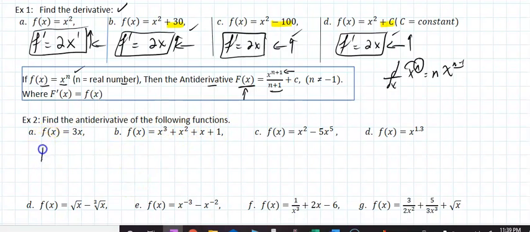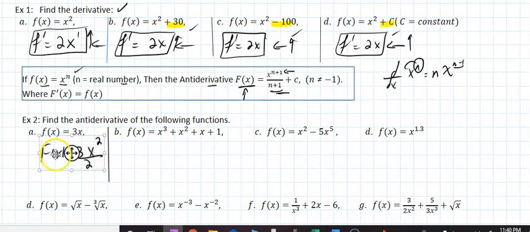So I'm trying to figure out, what do you take a derivative of to get 3x? Well, according to this rule, the 3 I'm going to ignore. The variable x, I'm going to add 1 to the power and divide by that. So that would be what you would take a derivative of to get 3x.